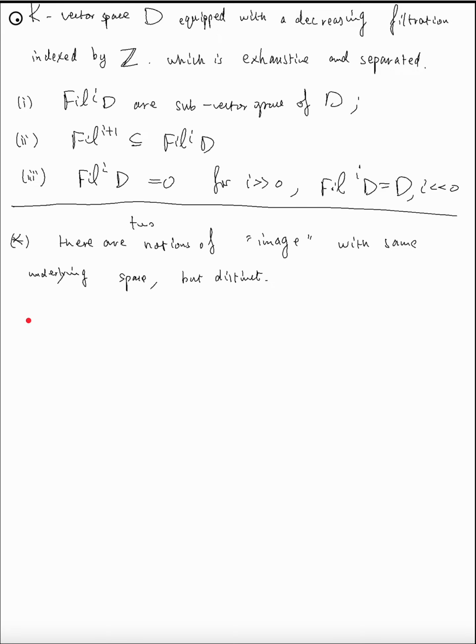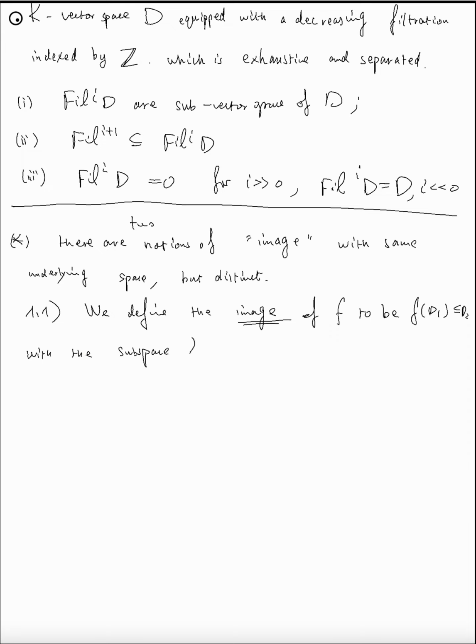So firstly, we define the image of f to be f of D1, which is contained in D2, with the subspace filtration from D2.